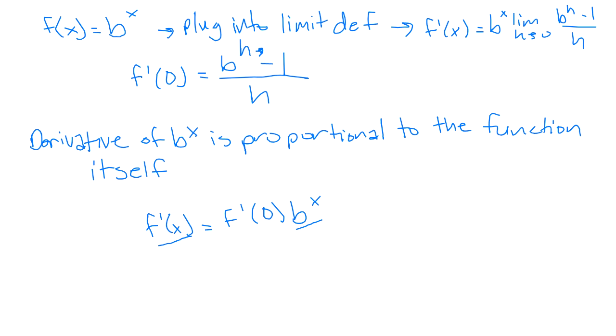Now that brings us to the discussion of what the number e actually is. For any value for b that we plug in, we can get different values for that slope, or for that proportion.